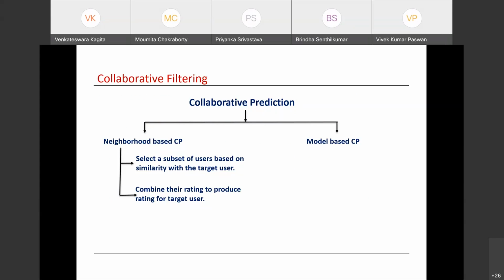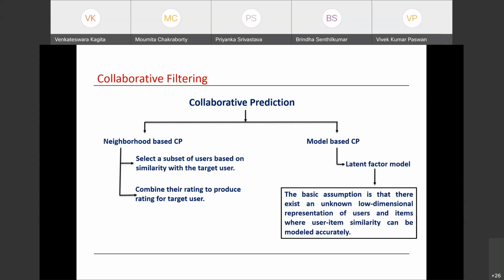We pick up the users that are similar to the target user to whom we want to make the recommendation, and combine their ratings to produce the rating for the target user. So you take their ratings for a certain item and combine them to predict the rating for the target user. This is the procedure that we follow in neighborhood based collaborative filtering.